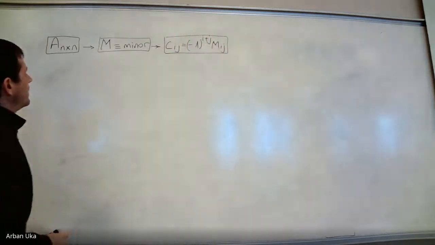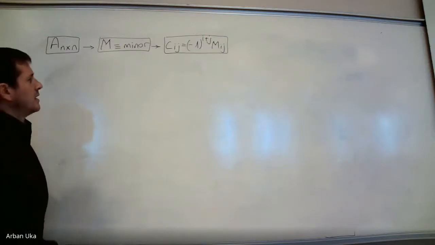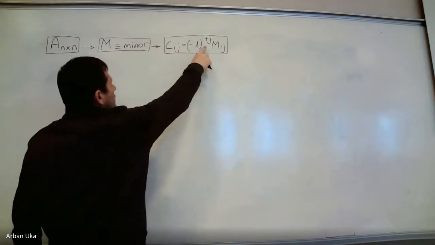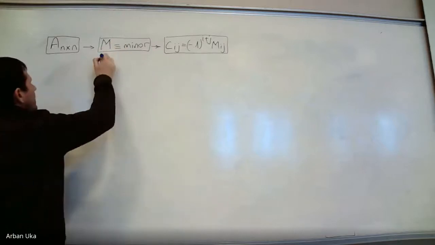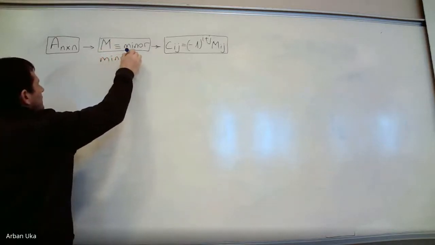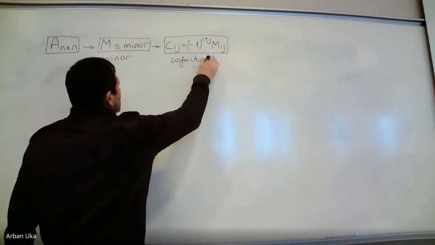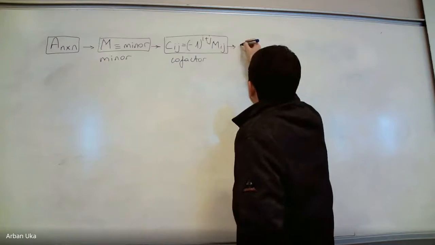So let's say we had a matrix A, we define a matrix of the minors, then all the elements of the minors are multiplied by -1 to this term, and we get the cofactor. So this is the minor. This is called the cofactor. Then we find the adjoint.